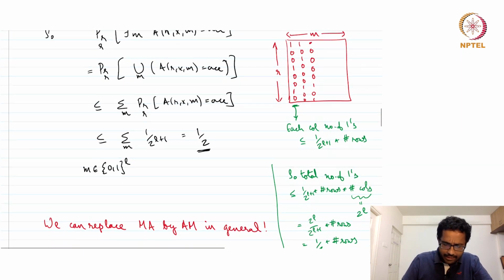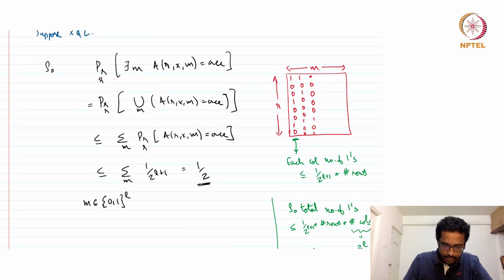The same thing again, in a different way, on the left side. What is the probability? This is the soundness condition for AM. What is the probability that there exists an M that leads to acceptance? The worst case is a union, so you can take the union bound.